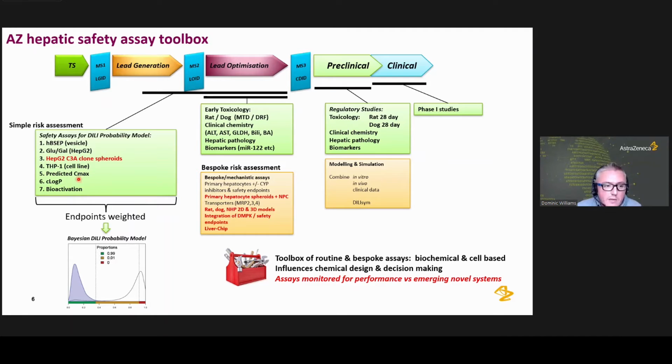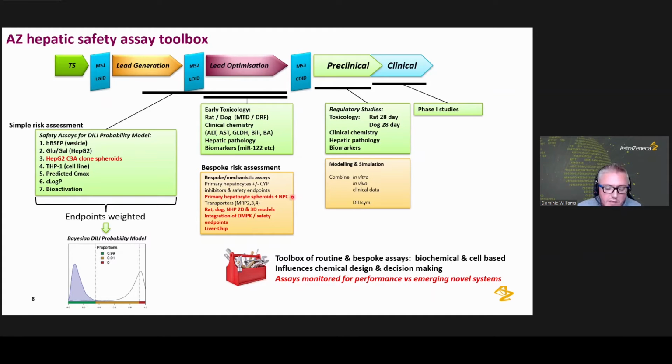After the simple risk assessment, we then enter lead optimization phase, which is really where earlier toxicology studies are performed, where we get an understanding of sort of whole animal responses. But at the same time as these studies are being undertaken, this is where we do bespoke risk assessment. So this is using primary hepatocytes, plus and minus cytochrome P450 inhibitors.